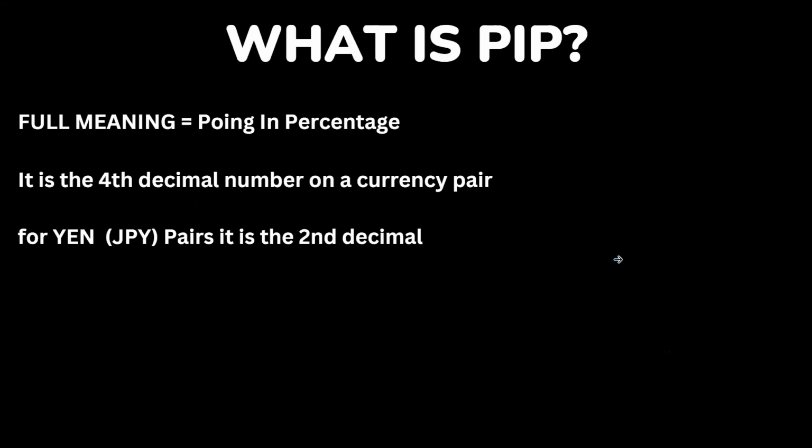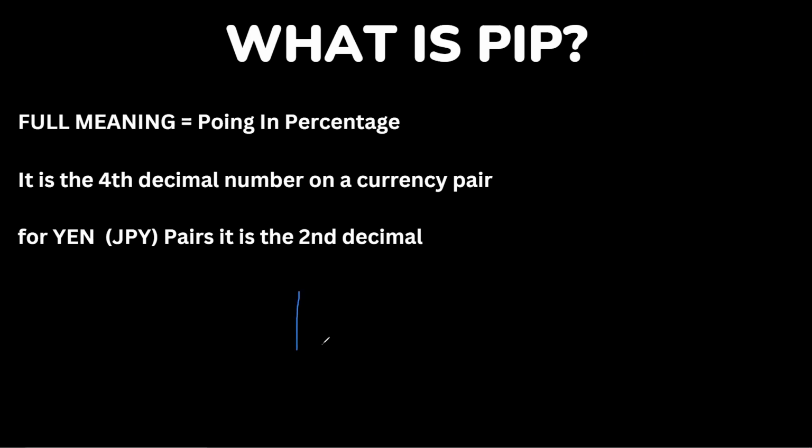What is a pip? The full meaning of pip is point in percentage, and it is the fourth decimal number on a currency pair. For the yen pairs, the JPY pairs, it is the second decimal. So if you look at currency pairs like EUR/USD, GBP/USD, the majors and all the crosses except for the JPY pairs, you'll see some numbers.